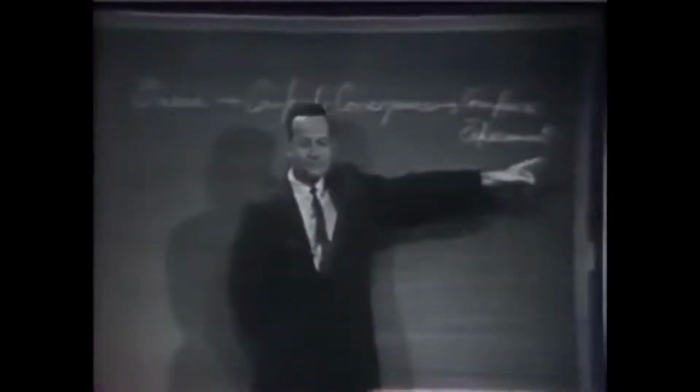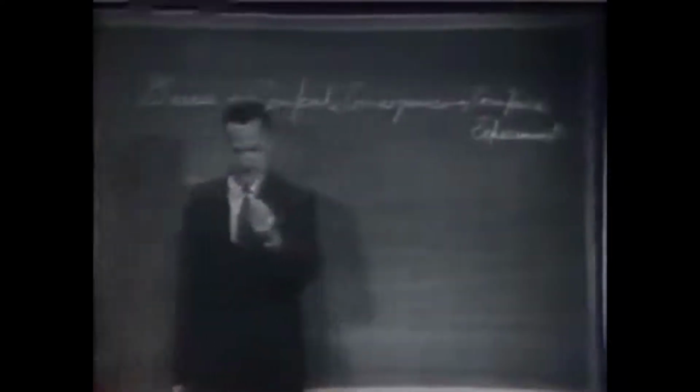If it disagrees with experiment, it's wrong. And that simple statement is the key to science. It doesn't make a difference how beautiful your guess is, it doesn't make a difference how smart you are who made the guess, or what his name is. If it disagrees with experiment, it's wrong. That's all there is to it.